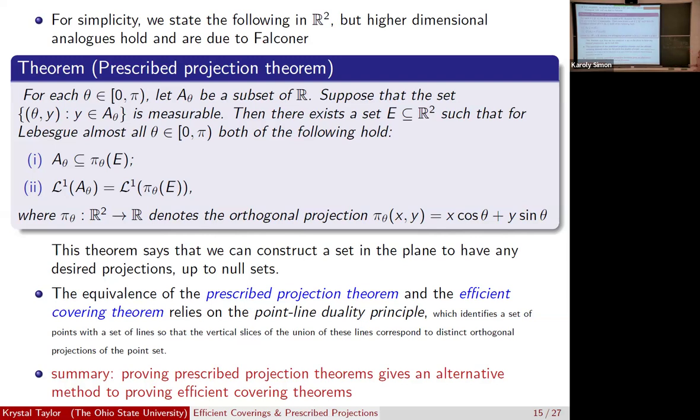The equivalence of the prescribed projection theorem and Davy's efficient covering theorem comes down to the point-line duality principle, which basically says that if you have these sum sets, you can reframe the slices as projections.